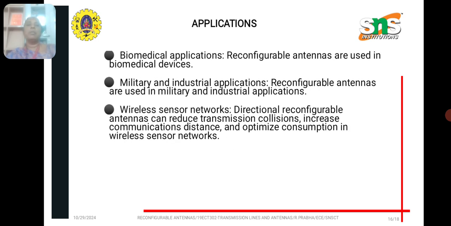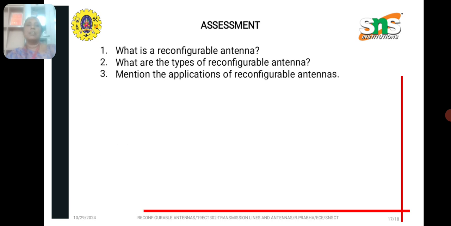Reconfigurable antennas are used in medical devices, and in military and industrial applications. In the wireless sensor networks field, directional reconfigurable antennas can reduce transmission collisions, increase communication distance and optimize consumption.